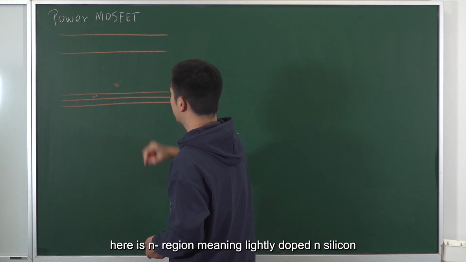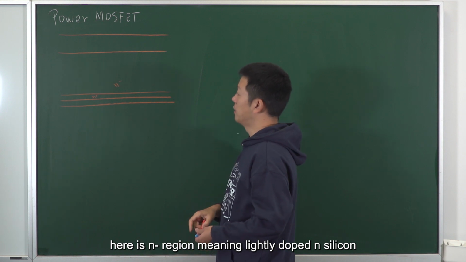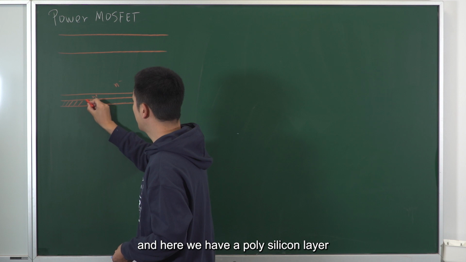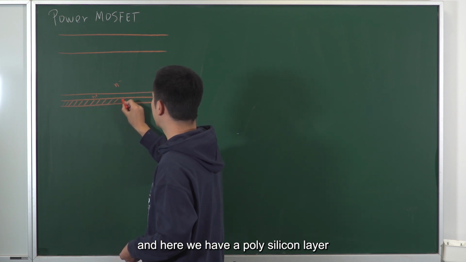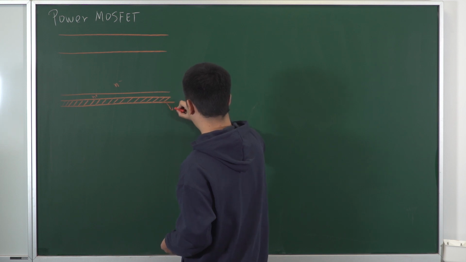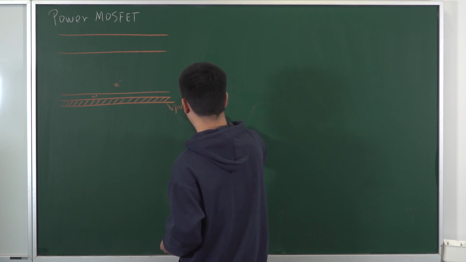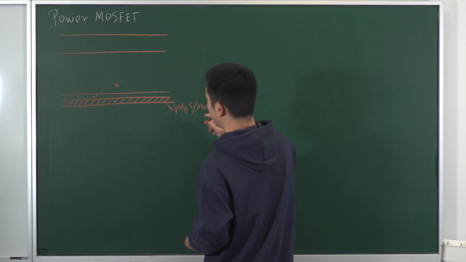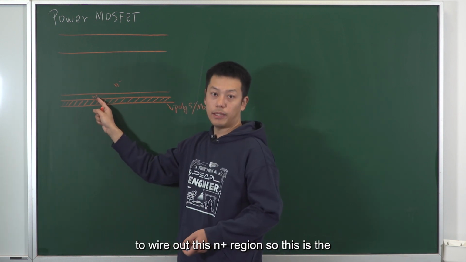Here is N- region, meaning lightly doped N silicon. And here we have a polysilicon layer, or metal, to wire out this N+ region.